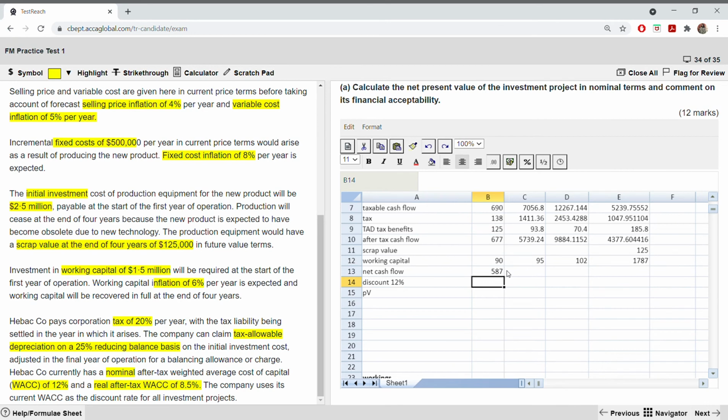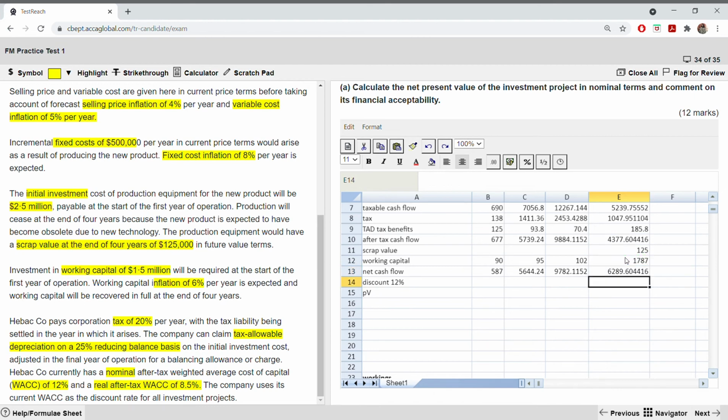So for these two you can take it. You can drag it for these two but not this one. Why? Because you need to add this. So this one, if you are taking it, it will be after tax cash flow plus the scrap value plus the working capital.